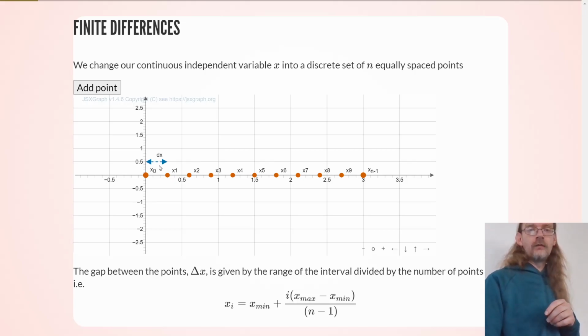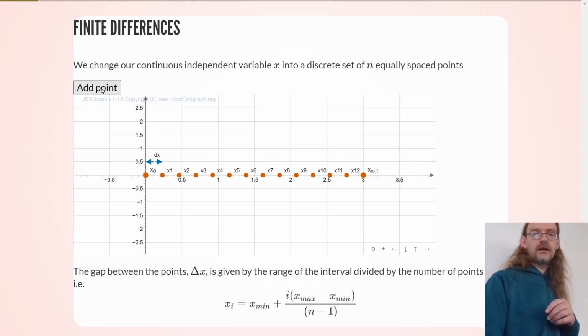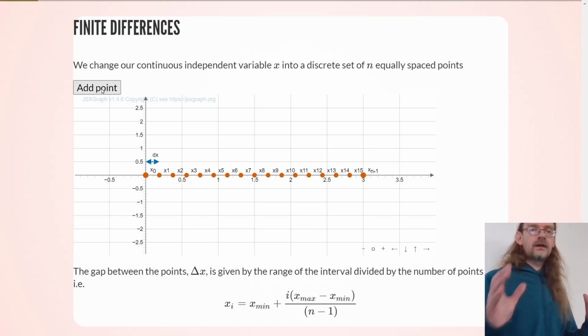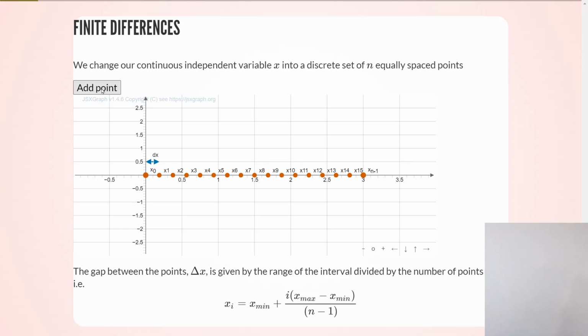So if you add in more and more data points between 0 and 3 so that they get spaced a little bit less far apart, your calculation will become more and more accurate, and the values of your function that you're going to evaluate only at these grid points will tend towards the full solution.